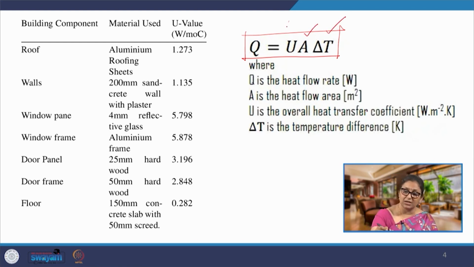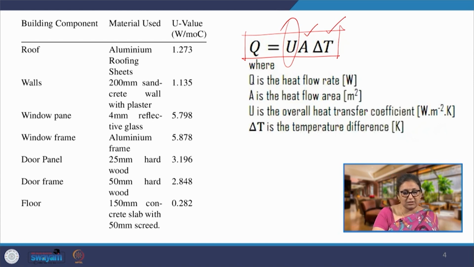What is changing is U, and we have already seen how important this U value is. If we reduce the U value by half, the energy consumption or the heat exchange reduces by half. If we double it, the Q doubles up. So, it is directly proportional. So, we have to be very careful about the material that we are choosing, and the rest of the calculations will remain exactly the same as we have done for fenestration.